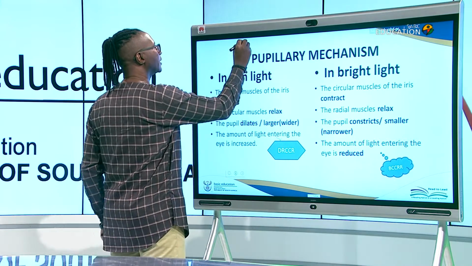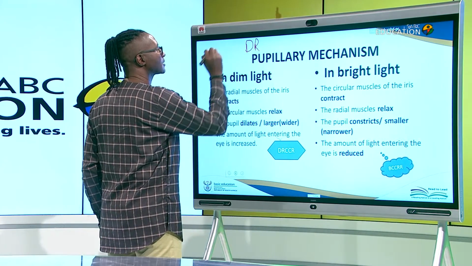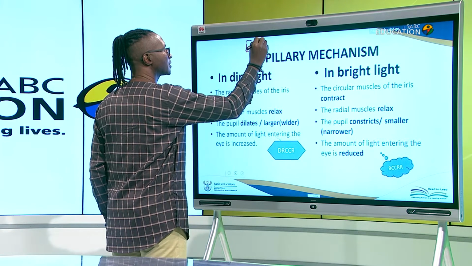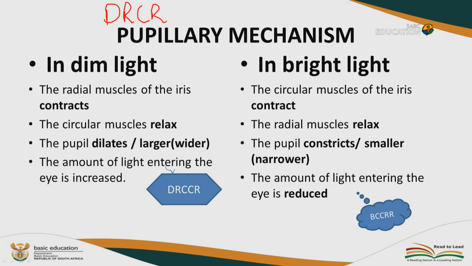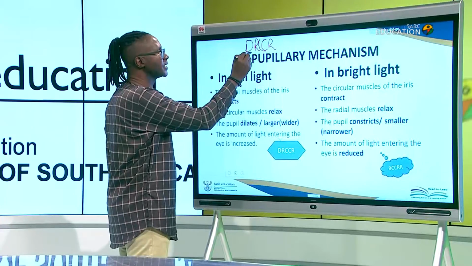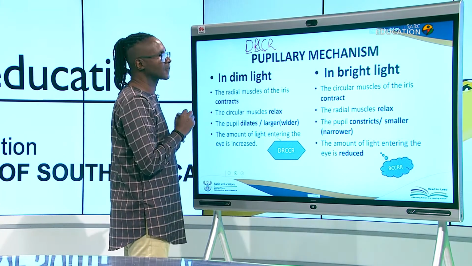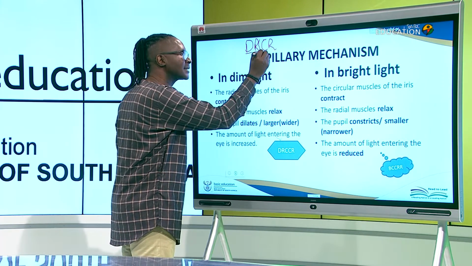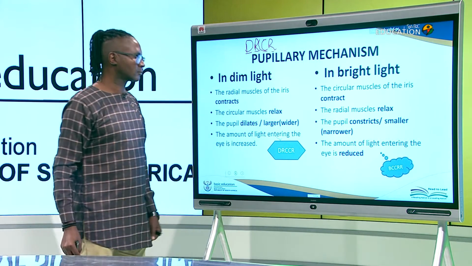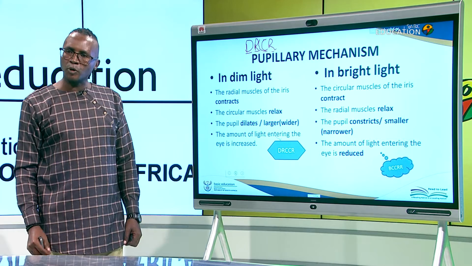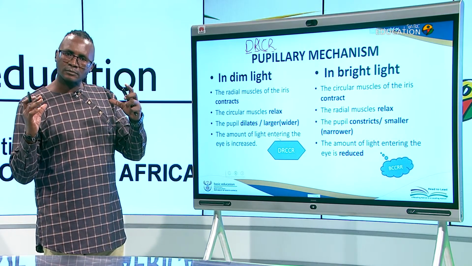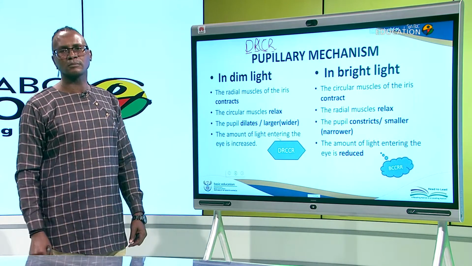In accounting, they write it like that, and credit, C to the power 2. So I'm going to have 2 C's. Now I indicated there: dim light, radial muscles contract, circular muscles relax. And then what's going to happen? The pupil will dilate. 3 marks.